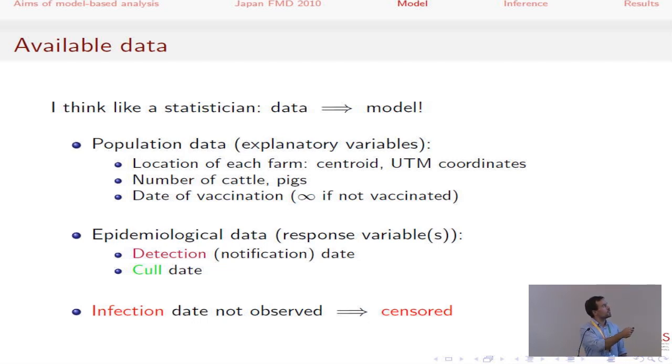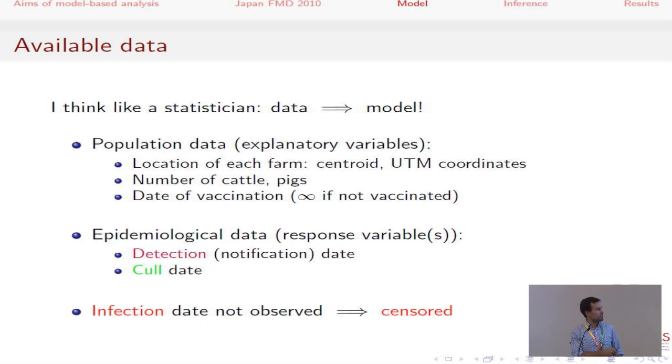So I can think of population data as being the explanatory variables: the location of each farm as its centroid, the number of cattle and pigs present on the farm, and also the date of vaccination, which I just set to be at some point in the future if the farm wasn't vaccinated. And then epidemiological data are the dates of case detections and the dates of subsequent culls of the farm.